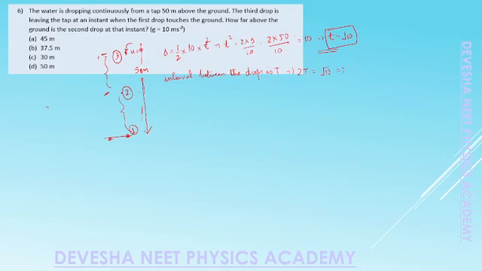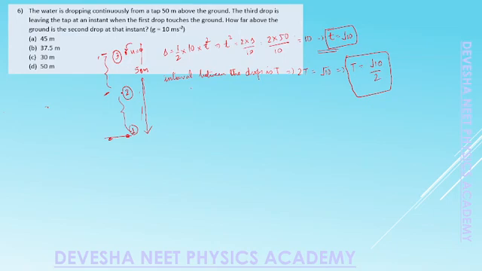So once a drop starts from the tap, then after root 10 by 2, we will have one more drop which will start from the tap.